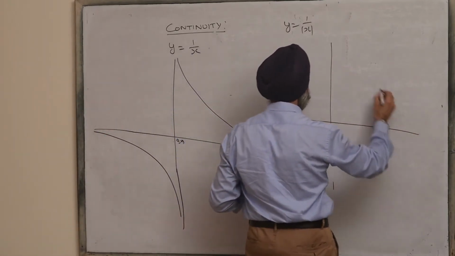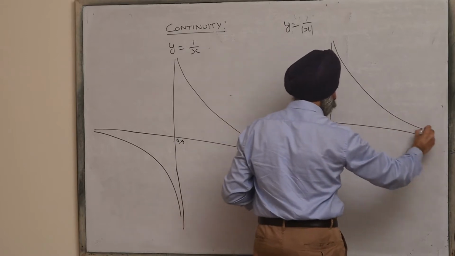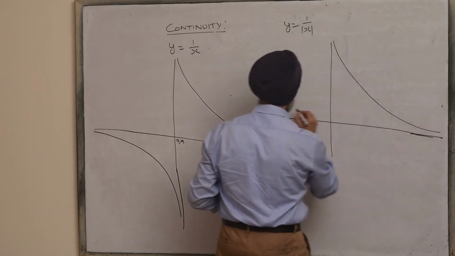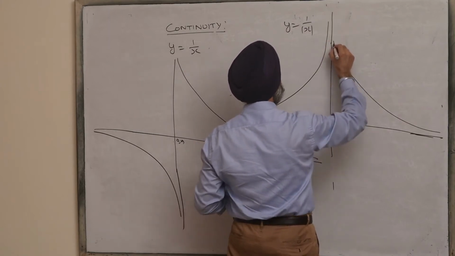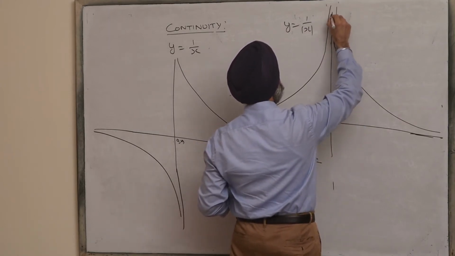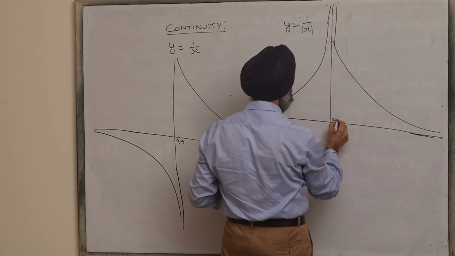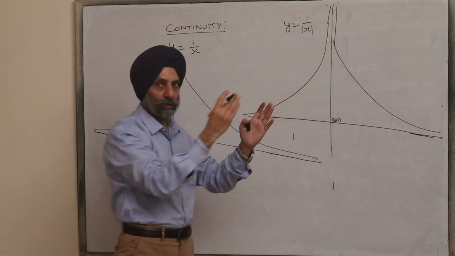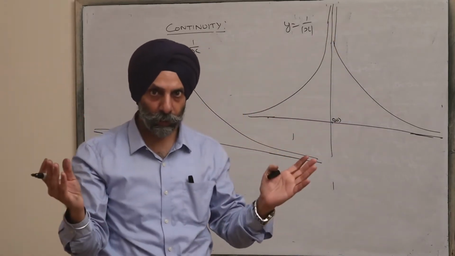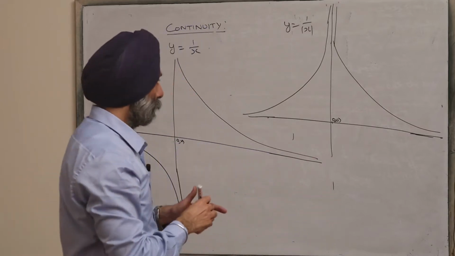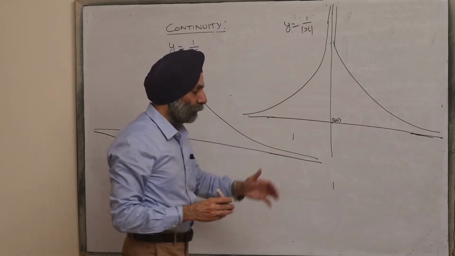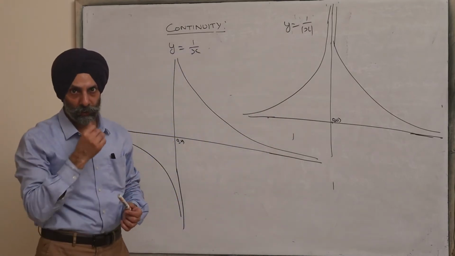You can see that the graph of 1 over mod x is like this. Again, this function is discontinuous at x is equal to 0, because there is a break at the point x is equal to 0.